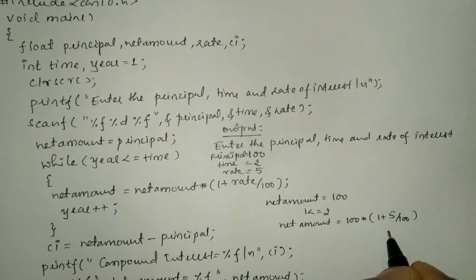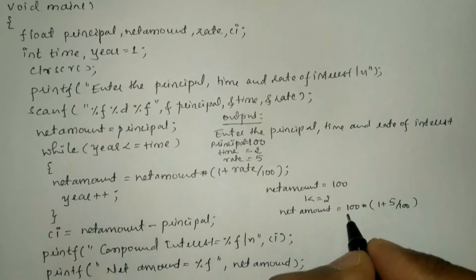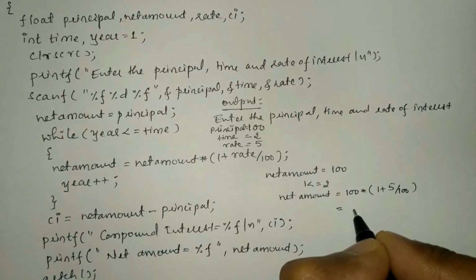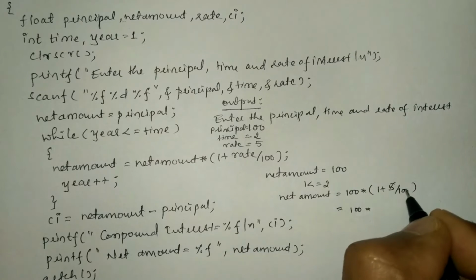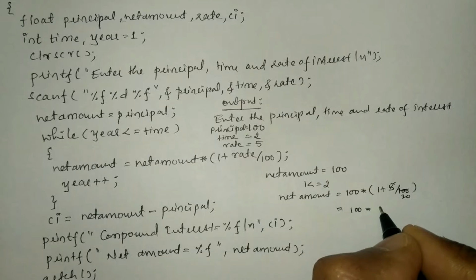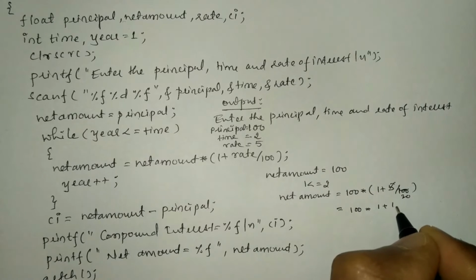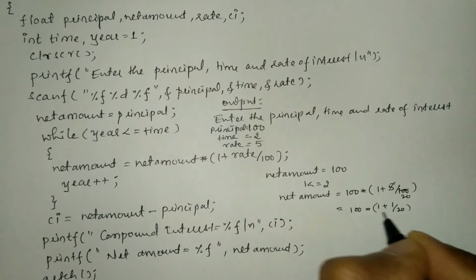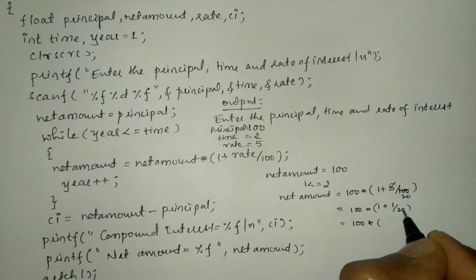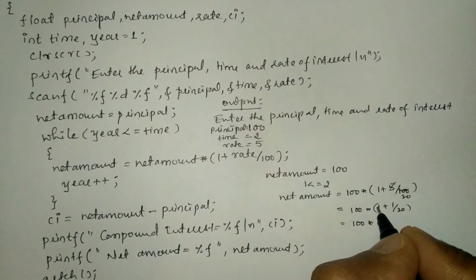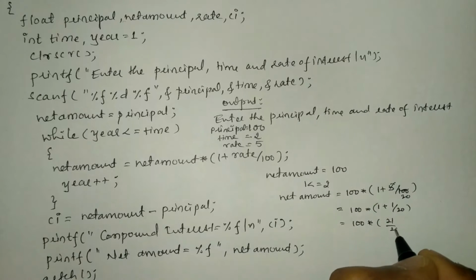Next, we are going to simplify this particular expression. So I'll write 100 into 1 plus, 5 ones are 5, 20 fives are 100, so it becomes 1 plus 1 by 20. Correct. Further, you can simplify: 100 into, take LCM, 20 ones are 20, plus 1, is 21 divided by 20.